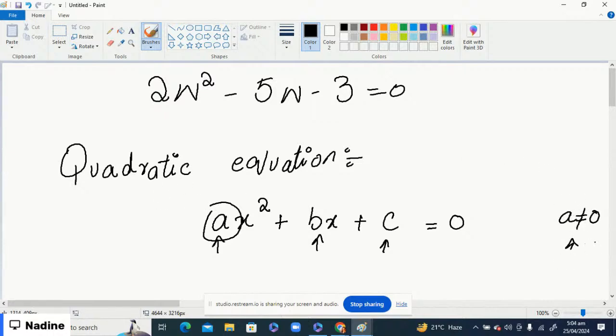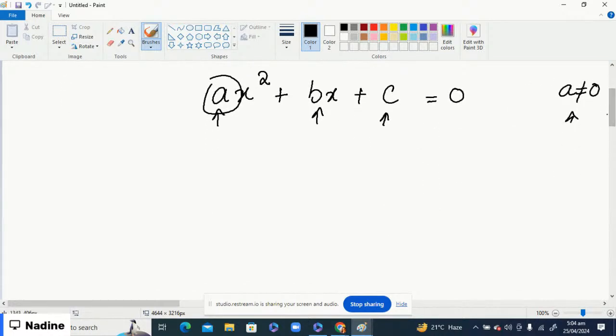So the quadratic equation is ax square plus bx plus c, where a, b, c are your coefficients and x is the variable. This is the quadratic equation. Now let's write the quadratic formula.